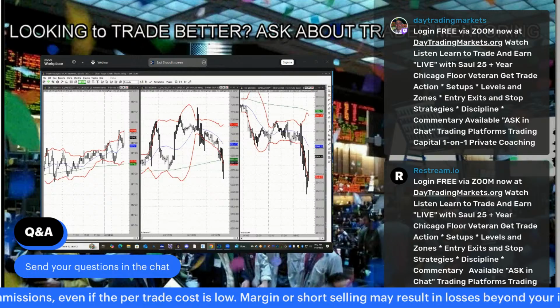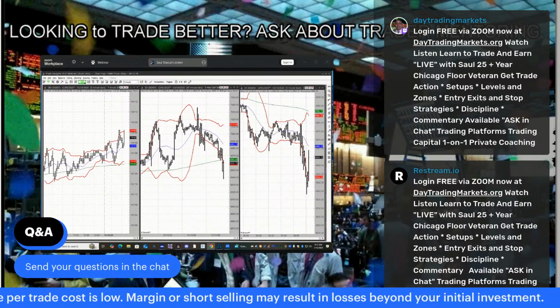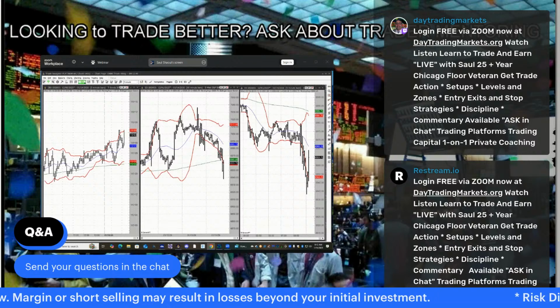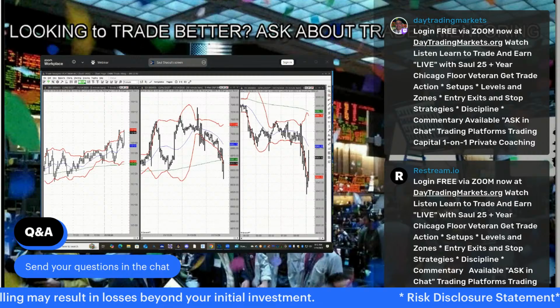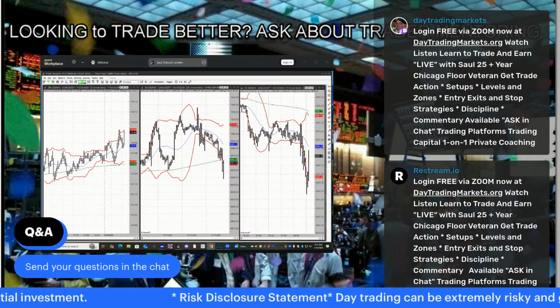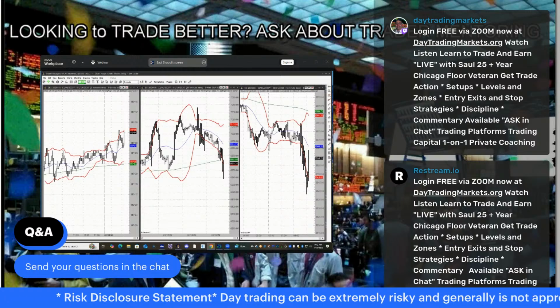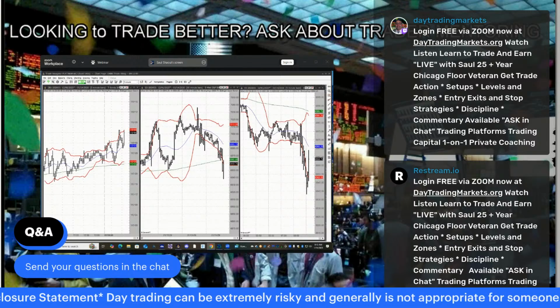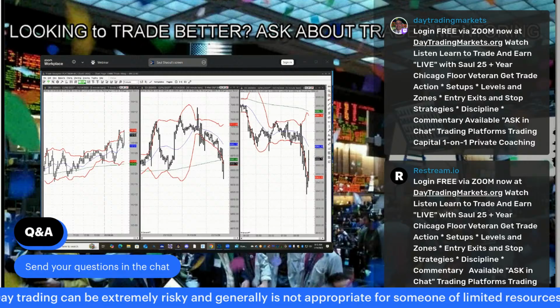Okay, be careful here. Blue band 65 area there, and it's where it's at. Obviously, you have to consider whatever news is coming out is creating this little push up here.